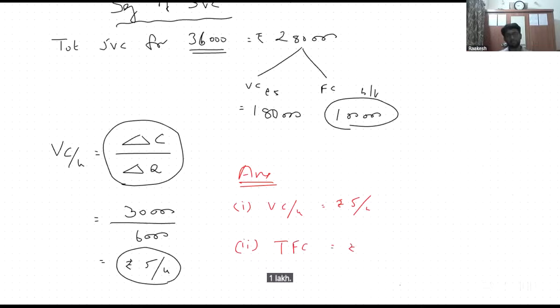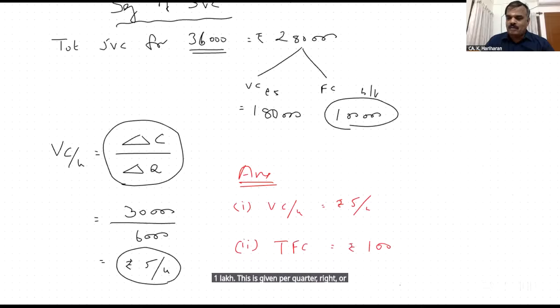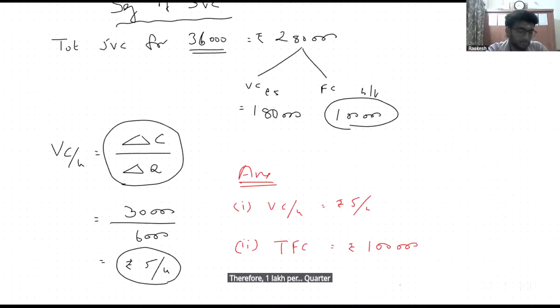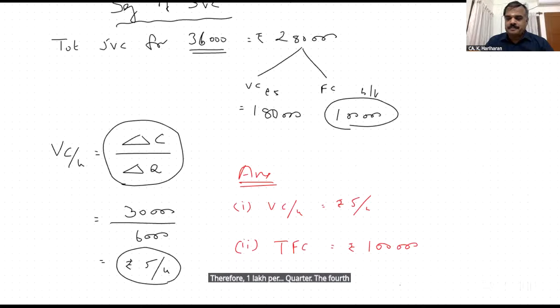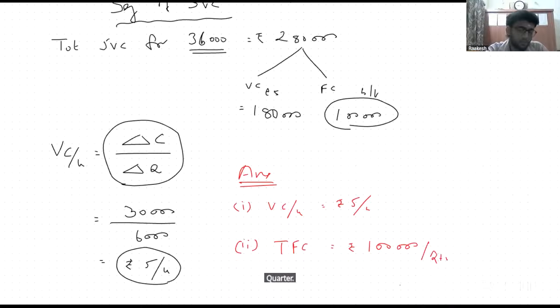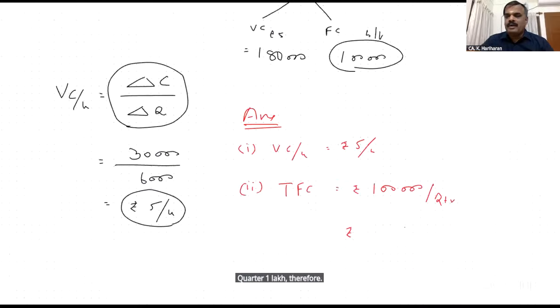This is given per quarter, right? It is quarter-wise information. Therefore, 1 lakh per quarter. Therefore, per annum how much? 4 lakhs. Quarter 1 lakh, therefore 4 lakh rupees per annum.